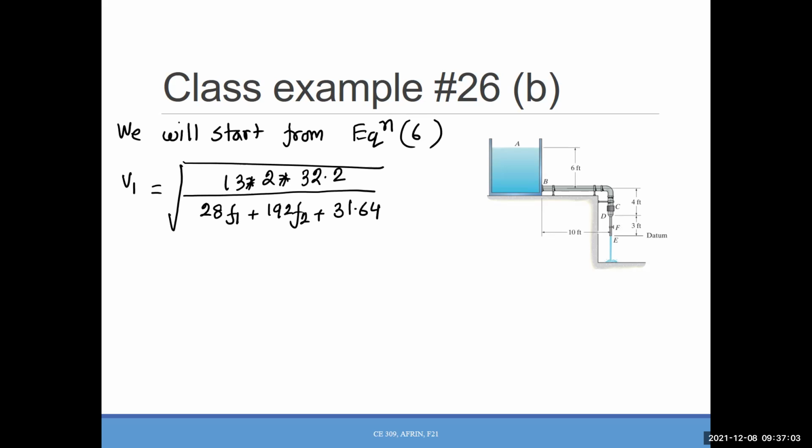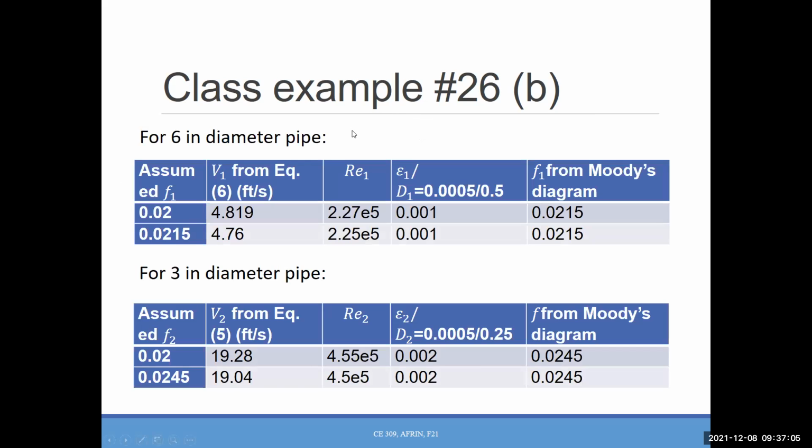Okay, so at first you will assume F1 and F2, then from equation 6 you will find V1, equation 5 you will find V2, Reynolds number, epsilon over D, and from the Moody's diagram you will find friction factor for both cases.